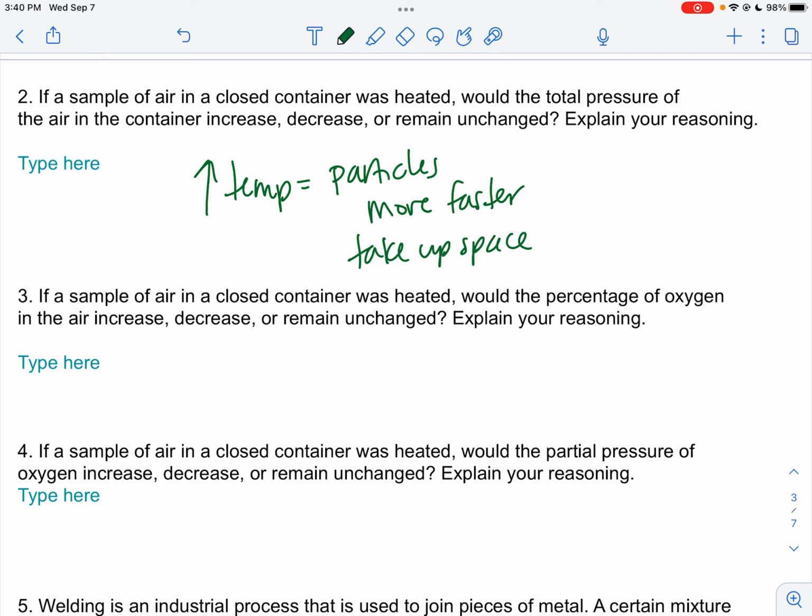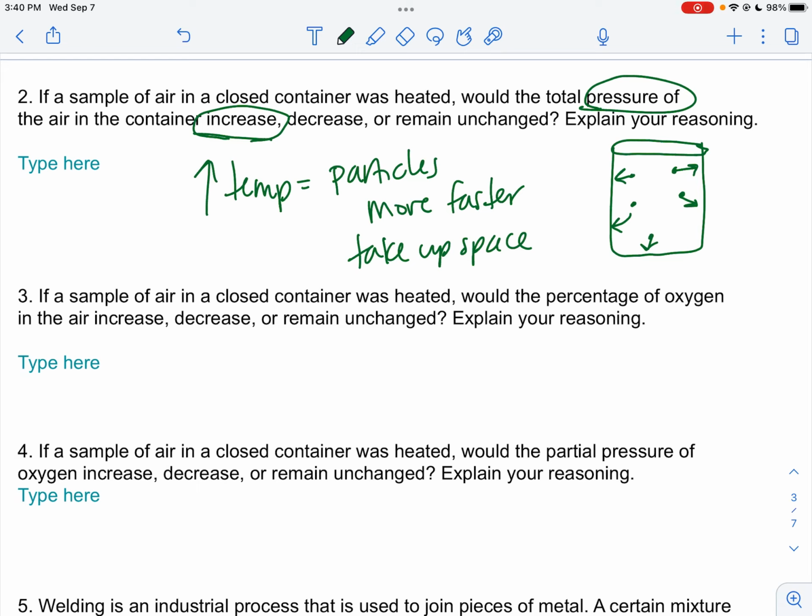And if I think about how that affects the pressure, remember the pressure is just how those particles are impacting the side of my container. So now all these particles that are moving faster are going to be colliding with my container more often, so my pressure is going to increase, because my particles are moving faster.